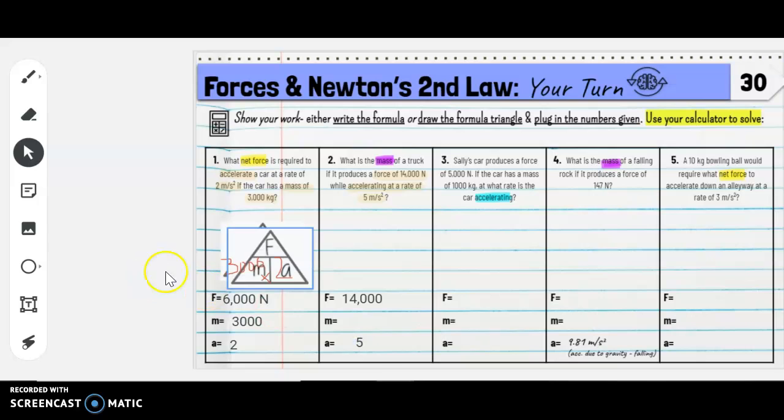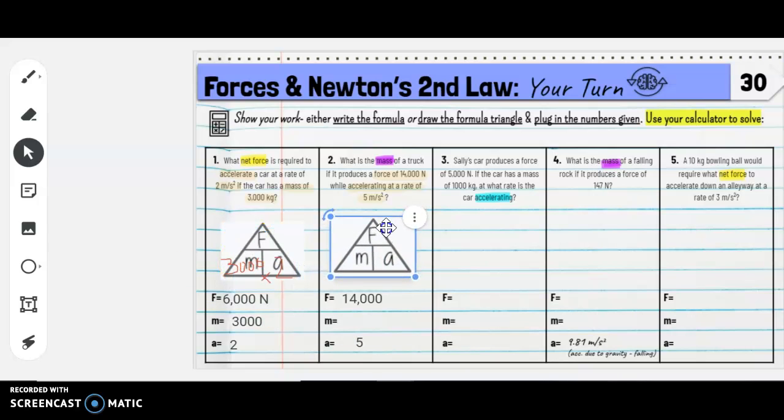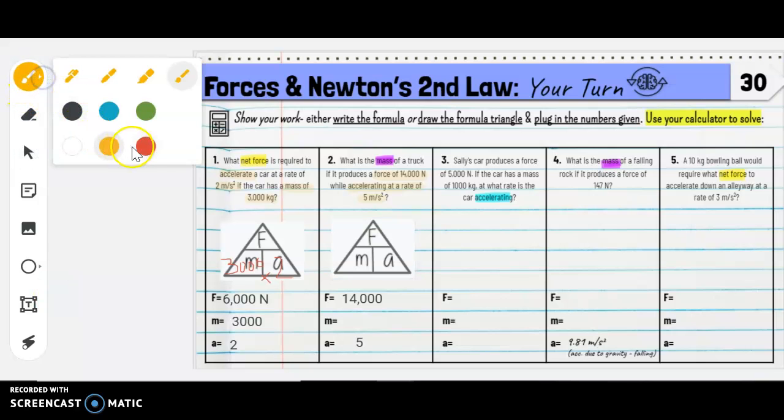And then we'll use our formula triangle. We know we're solving for the mass, that's our missing variable. So on the triangle, I'll fill in what I know. Force is 14,000. And acceleration is 5. So here I'll put a 5. Since the F is over the A, I know the operation I'm going to do is divide.